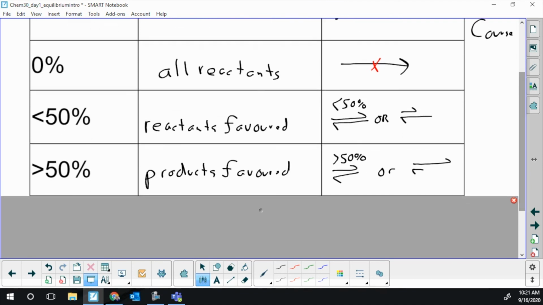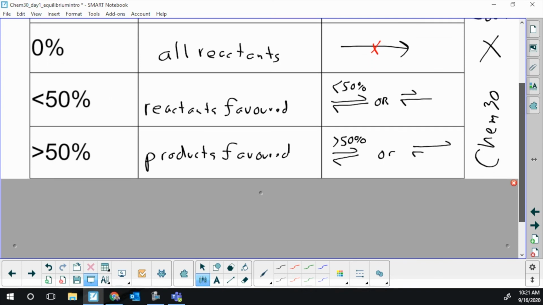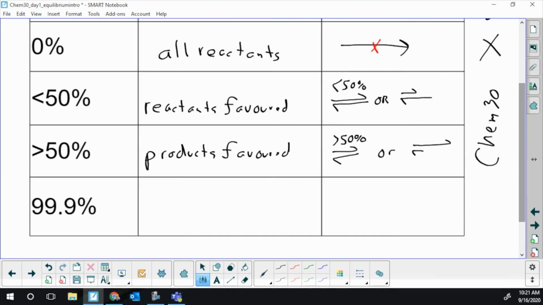In terms of what course do we study these? Well, no reaction is kind of not really the heart of any course. These two are the heart of Chem 30 AP and then Chem 35 AP, equilibrium. The last, often it's called 100, but I want to convey to you 99.9 we treat as 100.